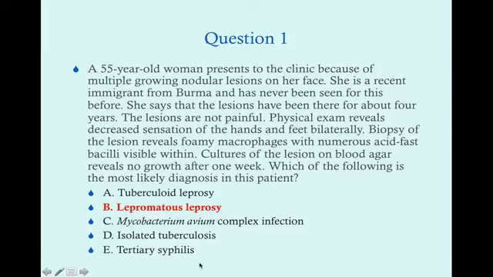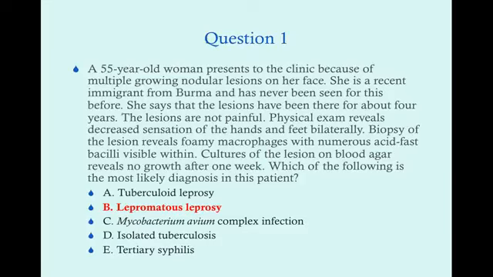And then tertiary syphilis. Tertiary syphilis can look a little bit like this, insofar as you get these lesions on the face. What do we call those lesions on the face in tertiary syphilis? It starts with a G. Gummas, or gumas, depending on how you pronounce it. These gummas look kind of nodular, but a lot of times they'll ulcerate.